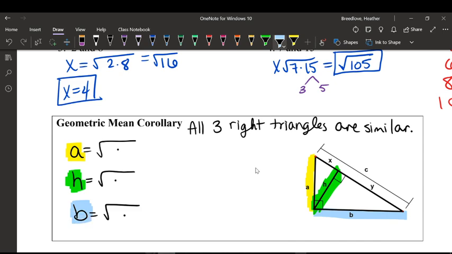Alright, so those are the 3 pieces that equal the geometric mean of different parts of the large hypotenuse, depending on what we're working with. So A, the yellow line, equals the geometric mean of the 2 parts of the large hypotenuse that is touching, X and C.